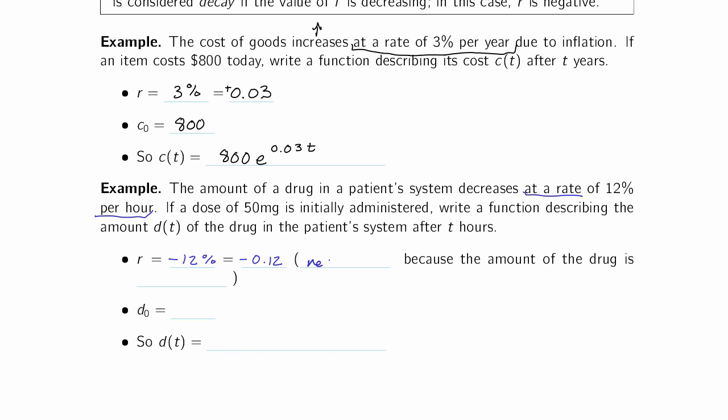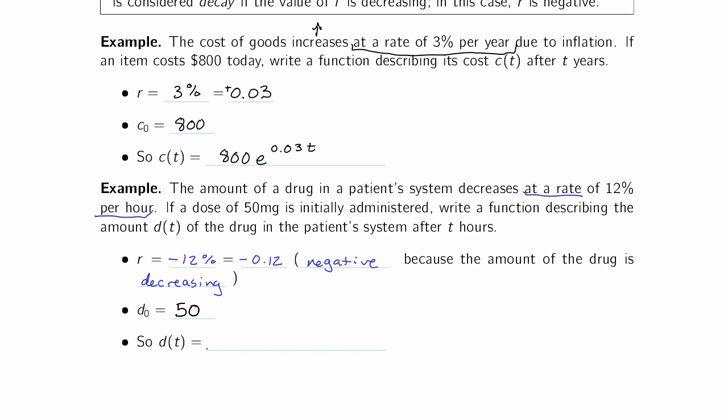And this is negative because the amount of the drug is decreasing. When something is increasing, our r is positive. When it's decreasing, our r is negative. And then we had an initial dose of 50 milligrams.